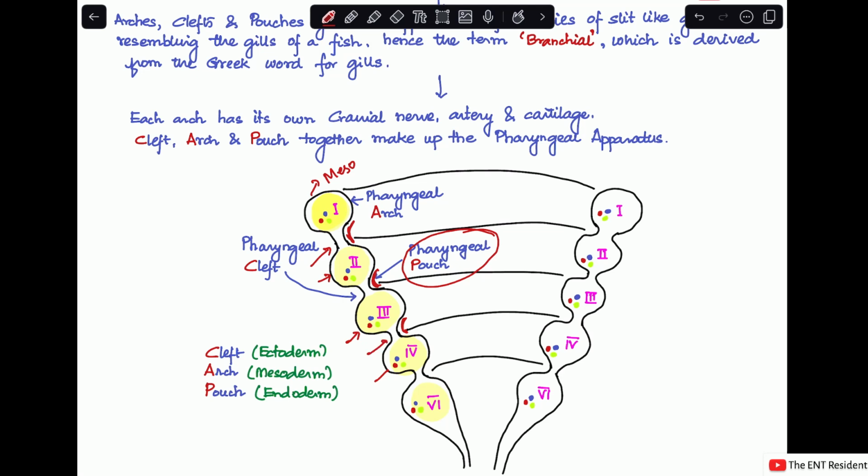So if we had to remember this very easily, from outside inwards, there is the pharyngeal cleft, then the pharyngeal arch, and then the pharyngeal pouch. So from outside inwards also, if you have to remember, it's always ectoderm, mesoderm, and endoderm. So that's how you remember from outside inwards. Cleft, arch, pouch. Cleft is ectoderm, arch is mesoderm, and pouch is endoderm.